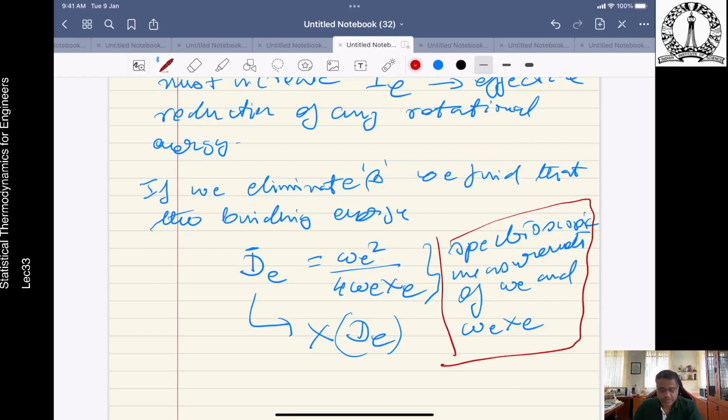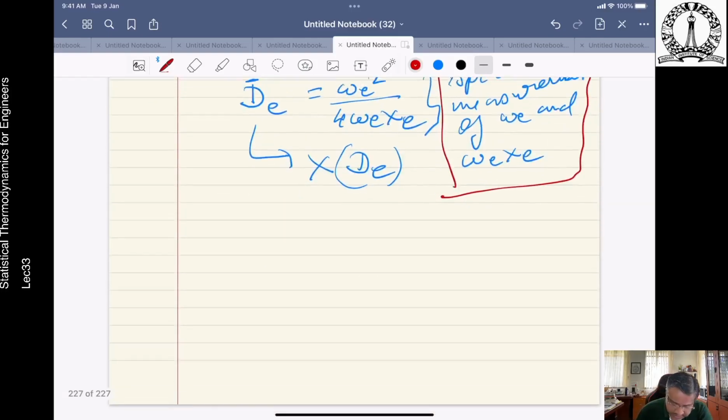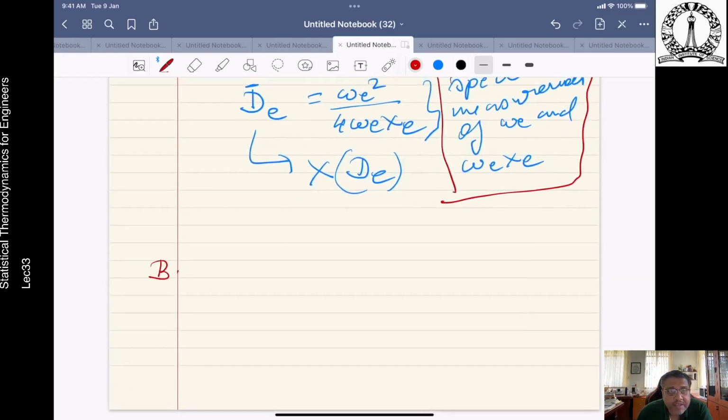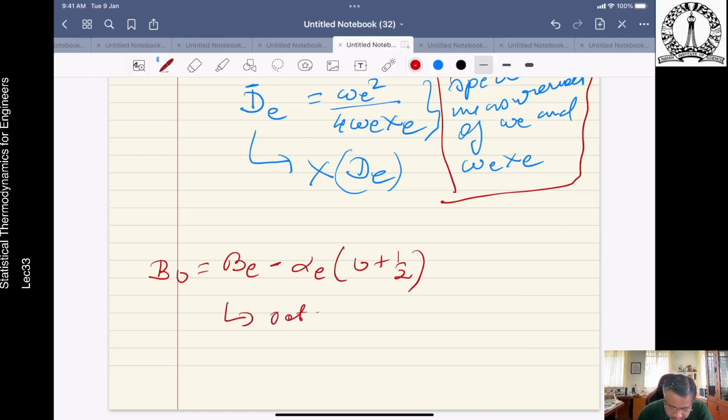So finally, if you look at B_v equal to B_e minus alpha_e into (v plus half), this expression represents what we call the rotation-vibration coupling.